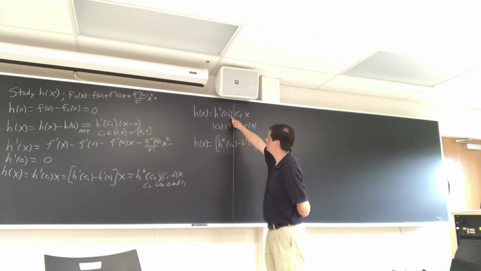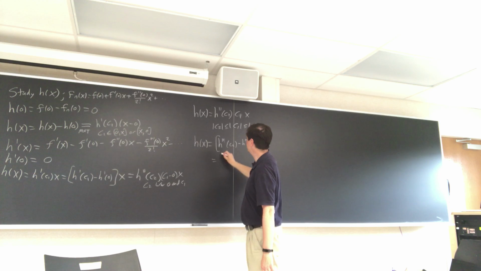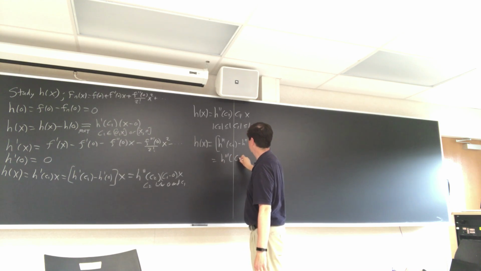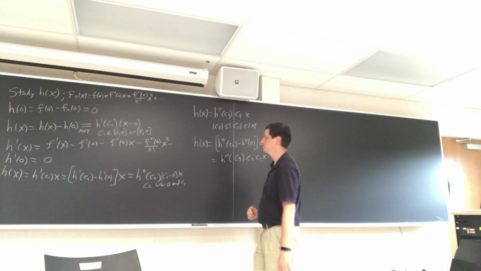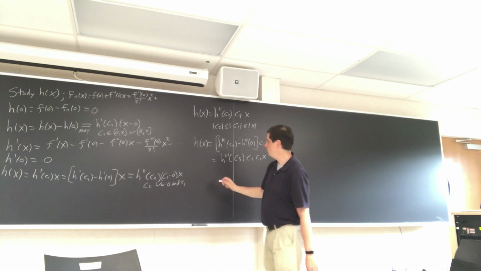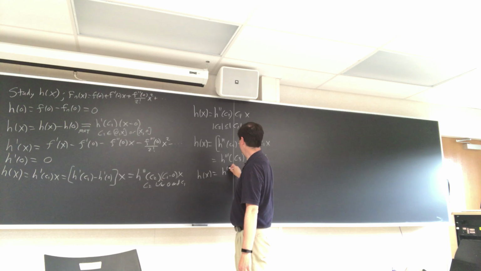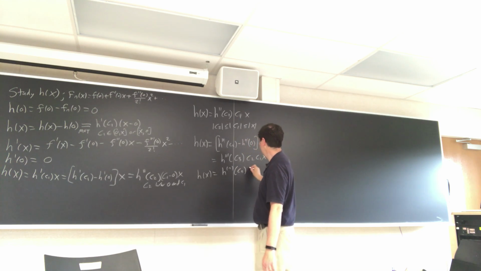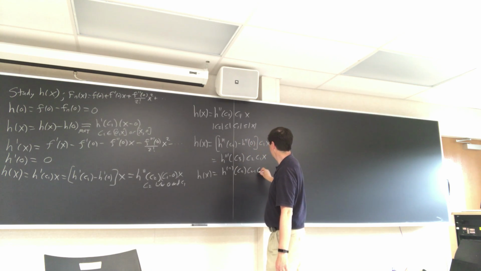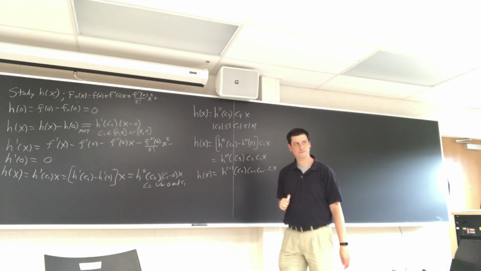We just subtracted h double prime of 0. And then that's going to be h triple prime at C3 times C2, C1 times x. And we can keep going, and we'll get h of x is the nth derivative at some point Cn times Cn minus 1, Cn minus 2, up to C1 times x.